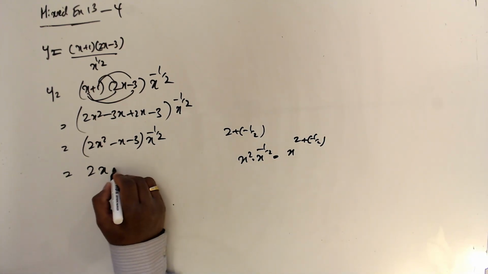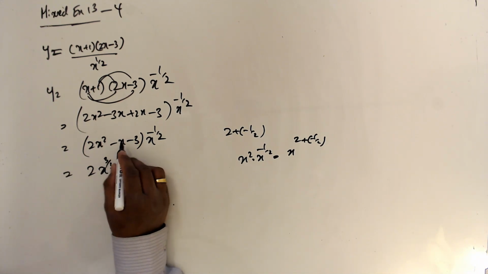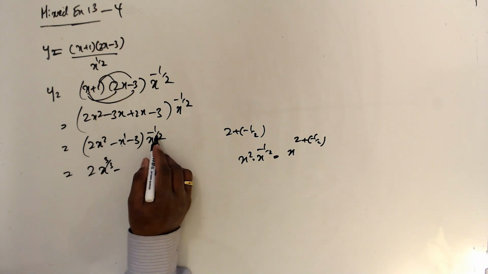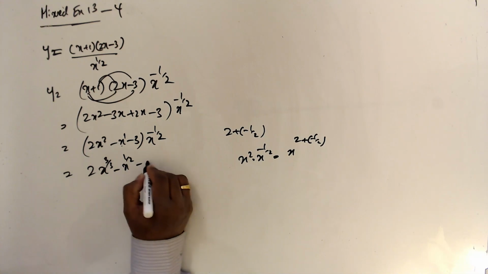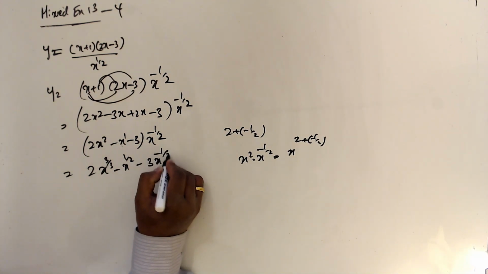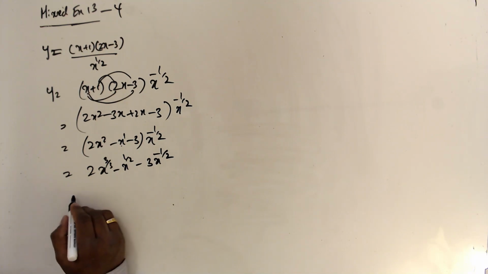It means 3 over 2. And this is going to be 1 minus half. It may remain 0.5, it may remain half. Minus 6x minus half. Now we want to find the integral of y dx.